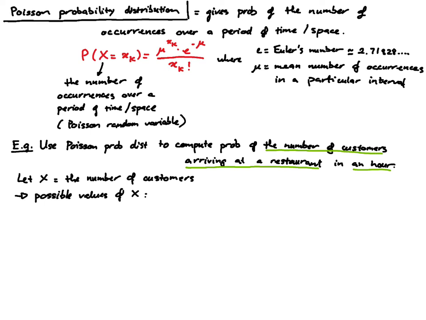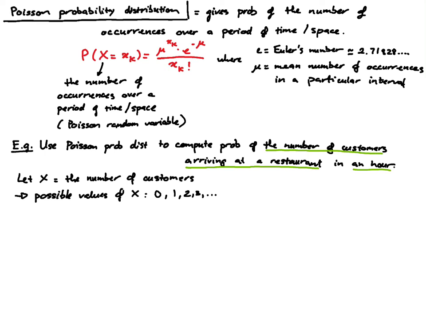In any given hour, there's a possibility that nobody shows up, so 0 is a possible value. You may have one person, 2 people, 3 people, and so on.